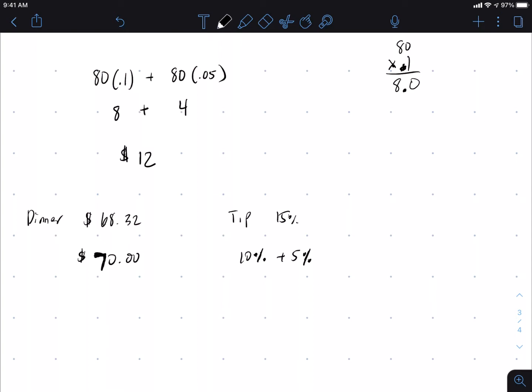Because it's 68. You said it was 70. Sorry, I had that little loop in it, right? So it should be 7. Sorry, my bad. And then what's half of 7? 3.50. Right? So when we add this, what should the tip be? $10.50.